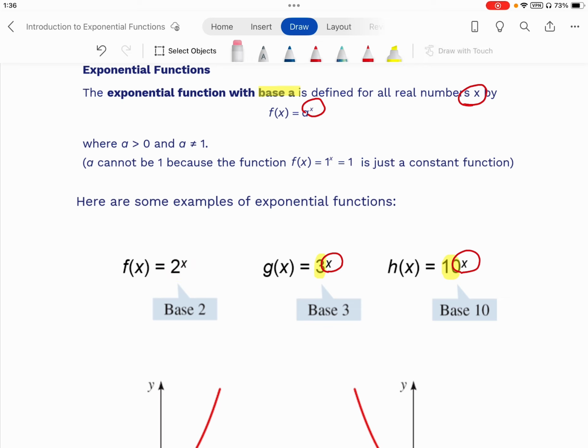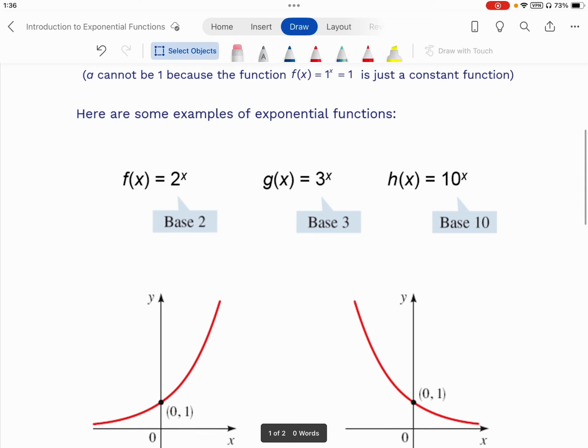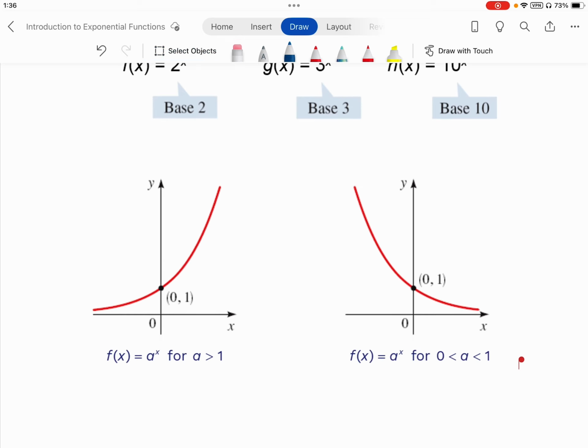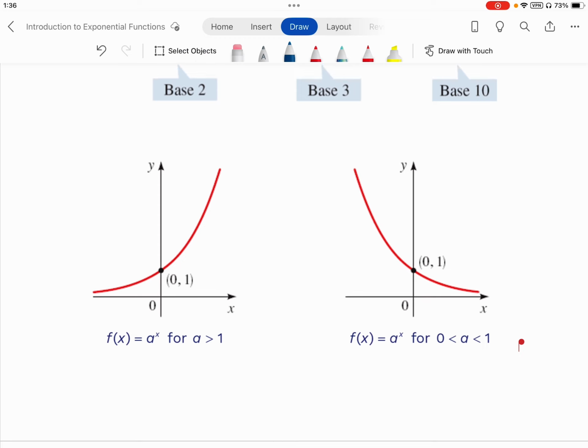Exponential functions can be what we consider to be exponential growth or exponential decay. Let's talk a little bit about that here. This graph on the left would be considered exponential growth. In this case, your base is going to be greater than 1. So your base could be a 2, like f of x equals 2 to the x, or your base could be a 4, just anything that's greater than 1.